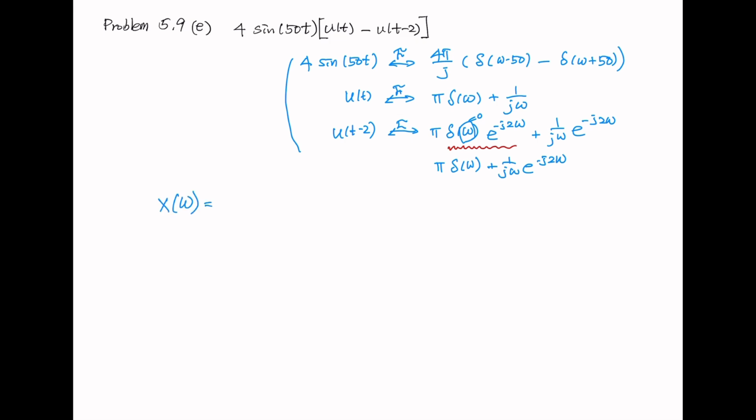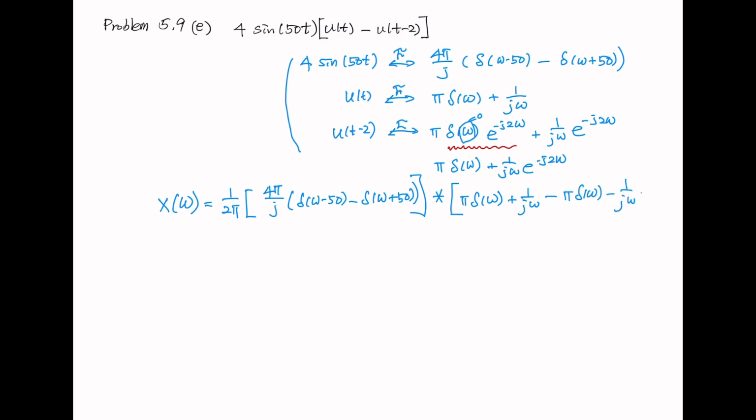We have X of omega, that is 1 over 2 pi, and then 4 sine 50t, that is 4 pi over j times delta omega minus 50 minus delta omega plus 50, convolved with u of t, pi delta omega plus 1 over j omega, minus u of t minus 2, pi delta omega minus 1 over j omega e to the negative j2 omega.